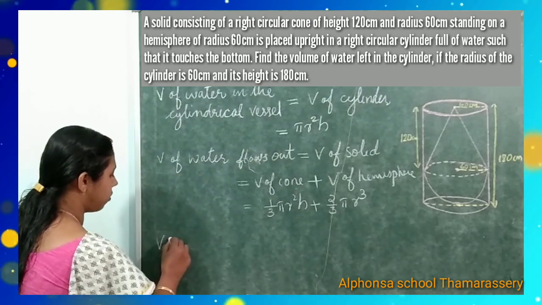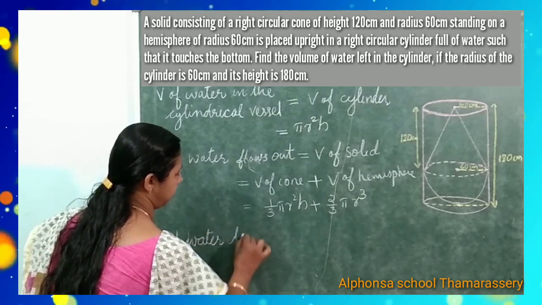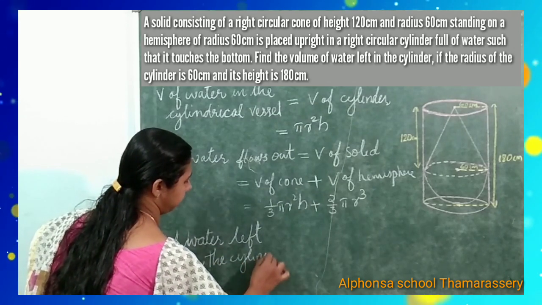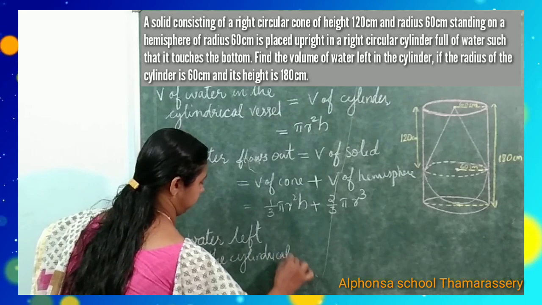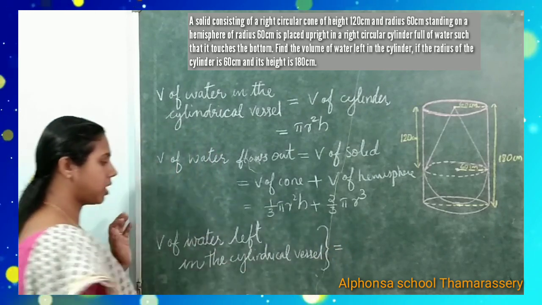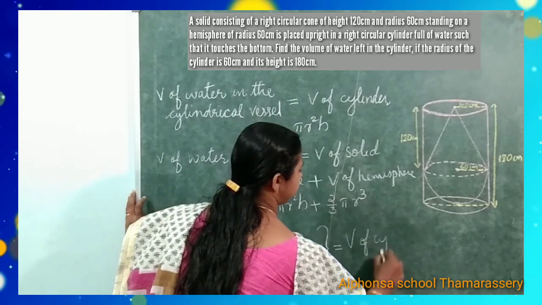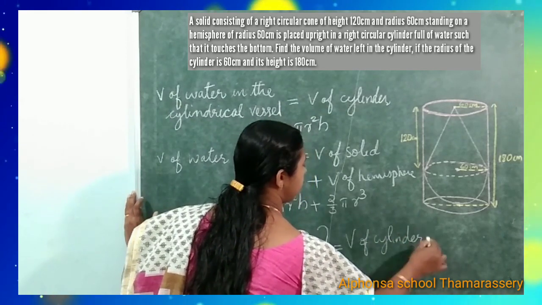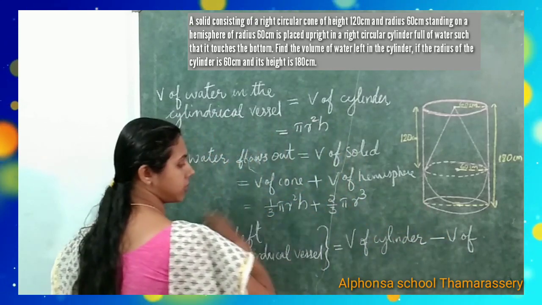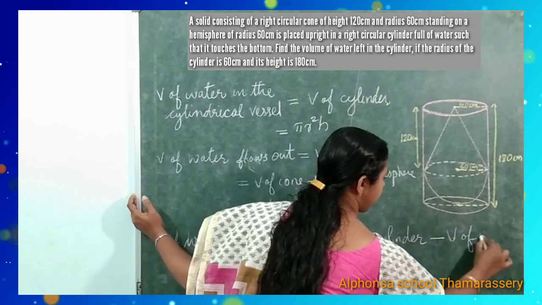So we can write volume of water left in the cylindrical vessel is equal to volume of cylinder, that is the total volume, minus volume of water flows out, which will be equal to the volume of solid. So volume of cylinder minus volume of solid.